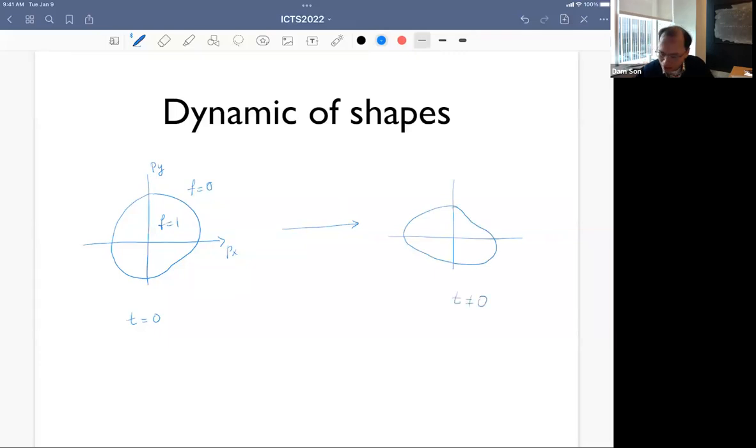Again, the picture that I'm drawing here can change in space, but we would still have the situation in which f is equal to 0 outside this surface and f equal to 1 inside this surface. Liouville's equation can be thought of as the equation that describes the motion of a surface in phase space that evolves with time.